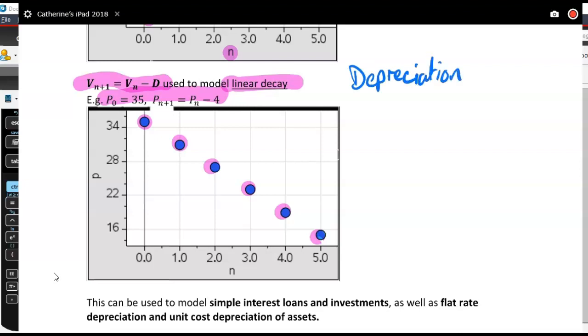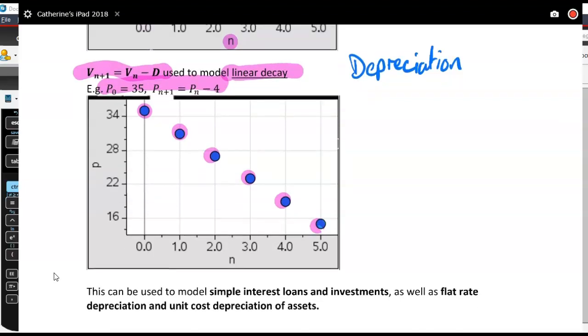Depreciation is thinking about an asset, so a car, a photocopy machine. These are assets that you might have, and they go down in cost, or down in value over time, I should say. So you think about a car. 5 years after you've bought the car, it's not worth the same amount as what you've paid for it. Now, there are different ways of calculating what that new value would be, but it's all called depreciation, and we're going to discuss several ways of calculating that.